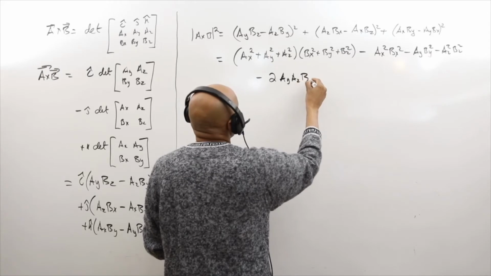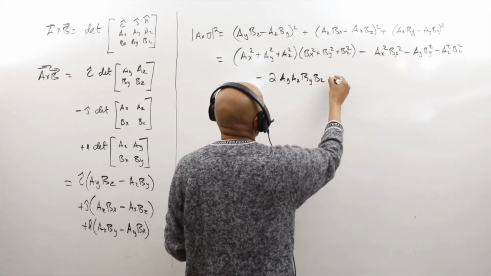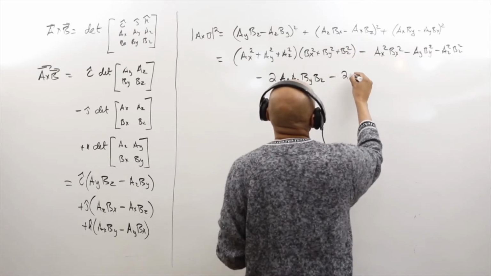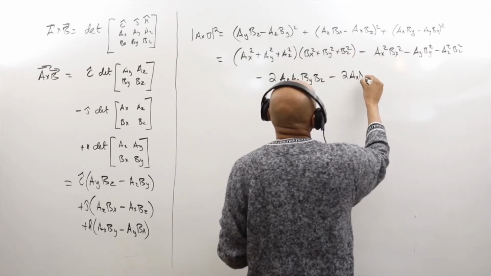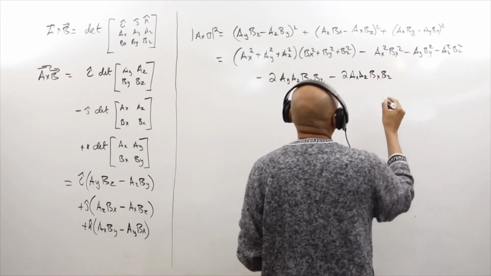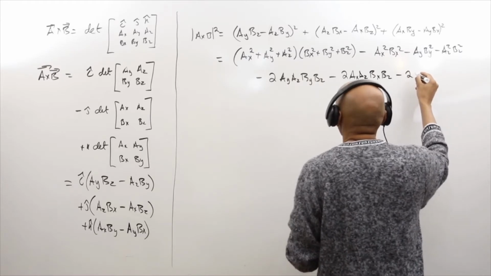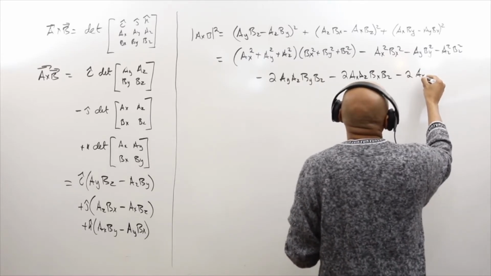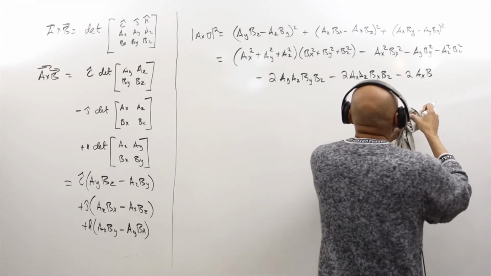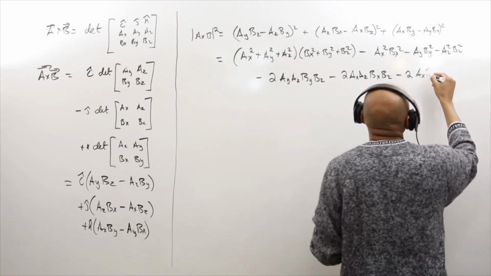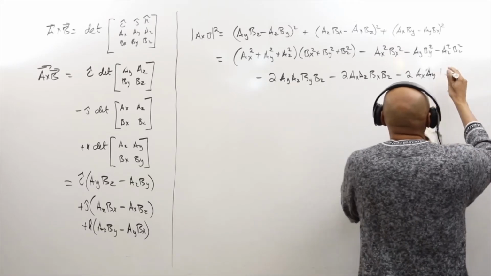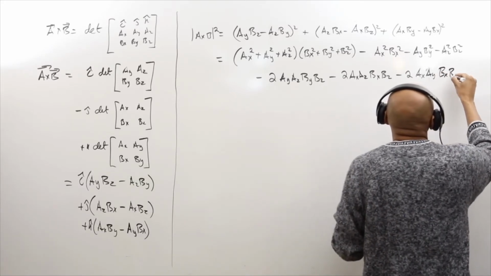Ay Az By Bz, minus the middle element from here. So this will be 2 Ax Az Bx Bz, minus 2 Ax, sorry, this is Ay Bx By.